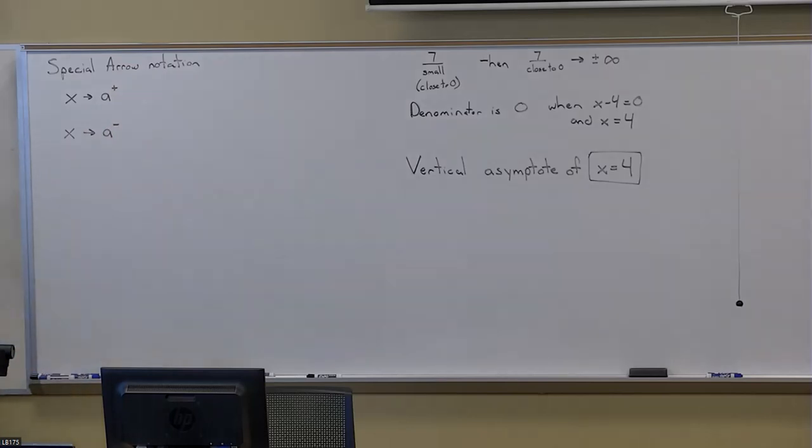The specialized arrow notation is x arrow a, and then we either put the plus sign or the minus sign in the exponent.